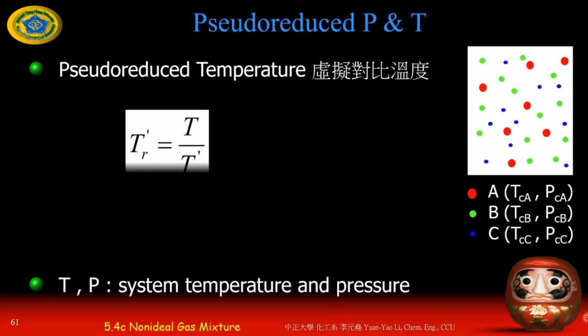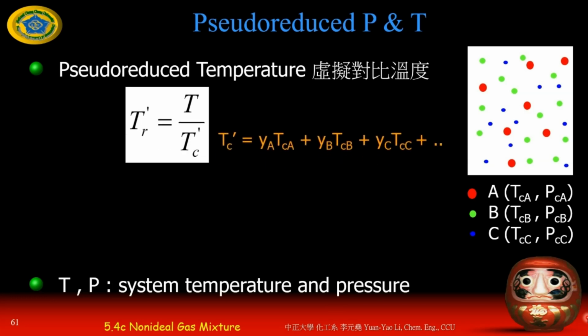So the pseudo-reduced temperature will be TR prime equal to T divided by TC prime. We already told how to get TC prime in the previous slide. So once you get TC prime, you can get TR prime. This we call pseudo-reduced temperature.